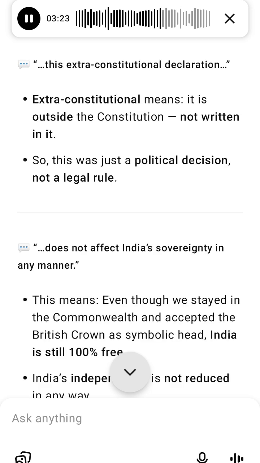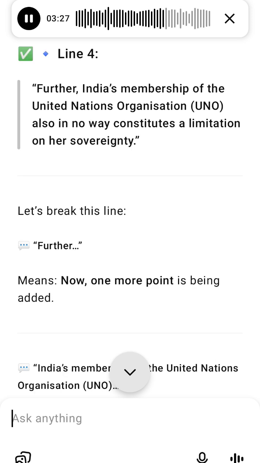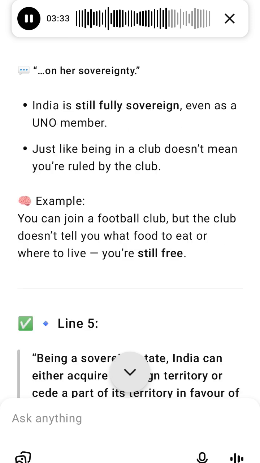In the Preamble, by using the word sovereign, the Constitution makes it 100% clear that India is neither a dependency nor a dominion. India is a fully free and independent state. 2. India is free in all its affairs, internal and external.